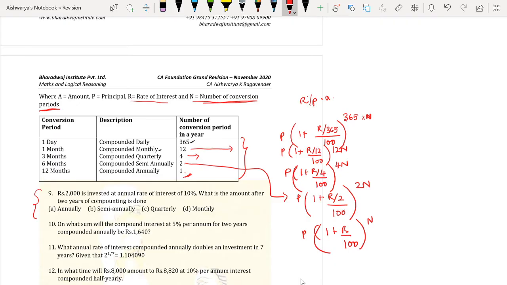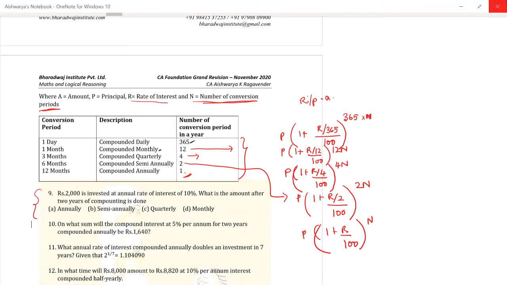I'll also be sharing this PDF document with you after the end of today's session. This contains a compilation of all the different models in which the questions can come.